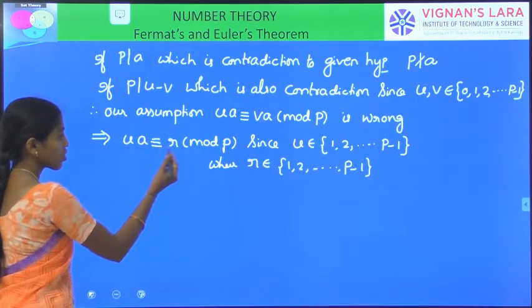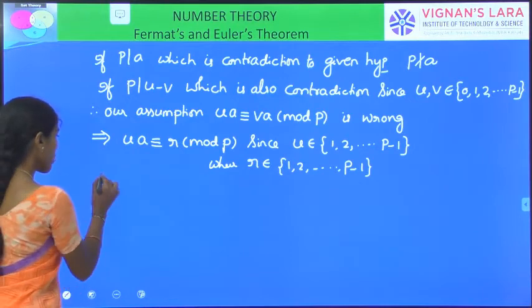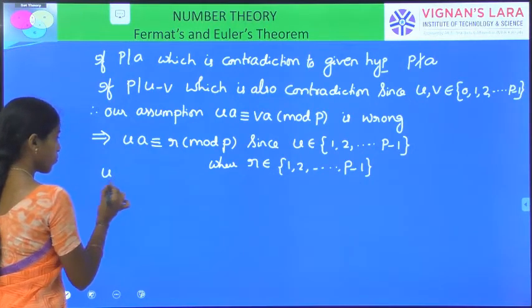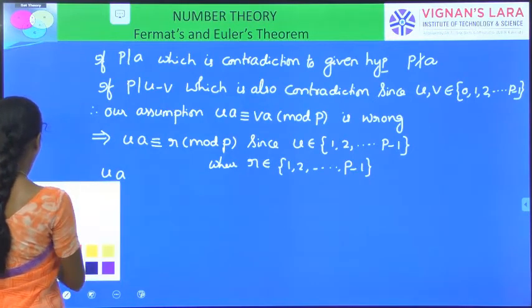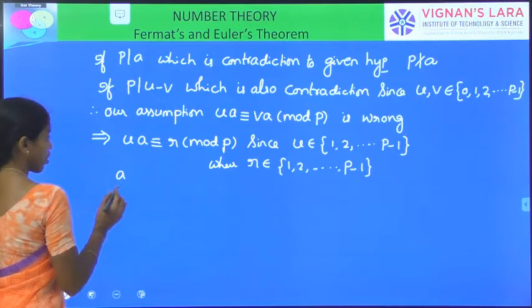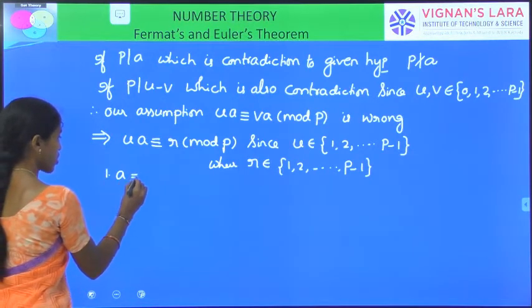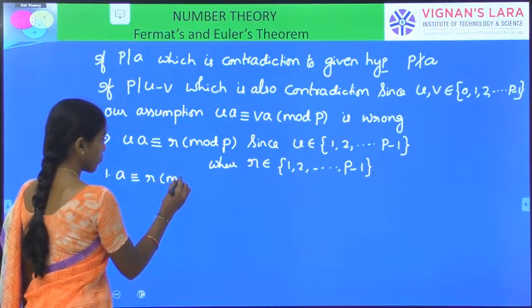So UA is congruent to R modulo P. That means 1 into A is congruent to some R mod P.